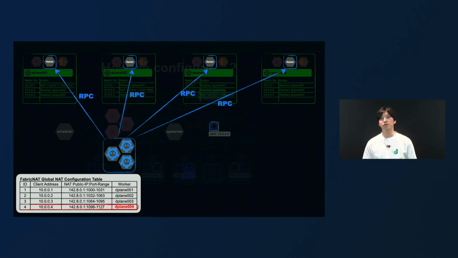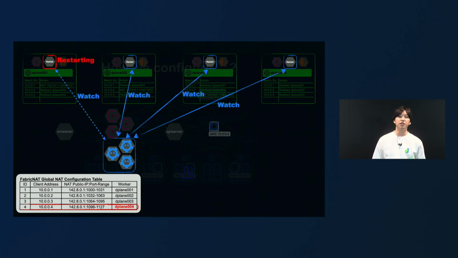If you're not using a decorrelated resource watch but use RPC to configure distributed systems, then you need to factor in a risk in advance in case NATlet gets restarted while calling RPC and loses critical settings, which only adds complexity to the mechanism.